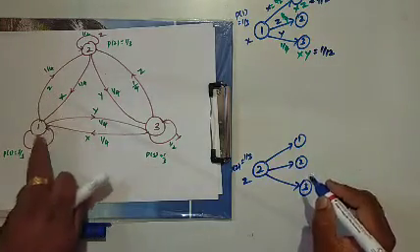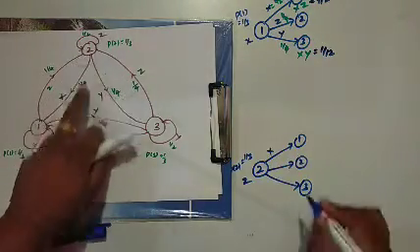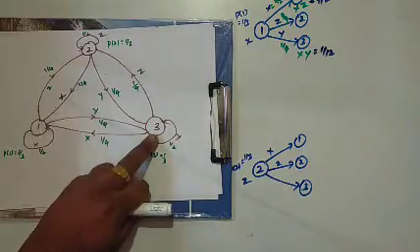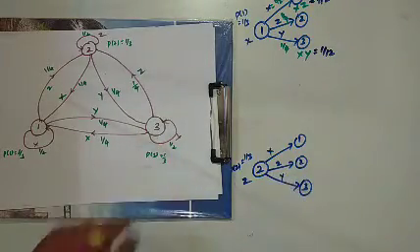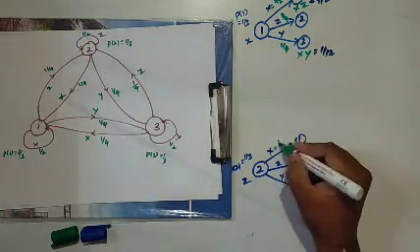2 has a link with 1 with the symbol x, 2 has a link with 2 with the symbol z, 2 has a link with 3 with the symbol y, and their values are 1 by 4.